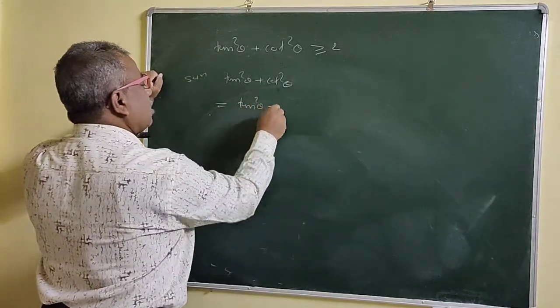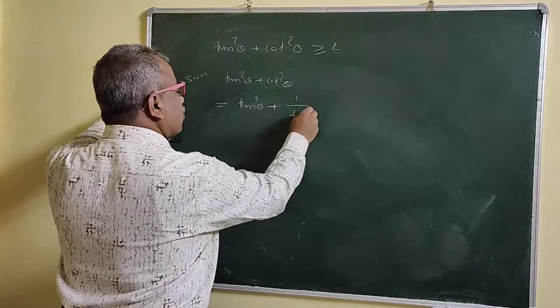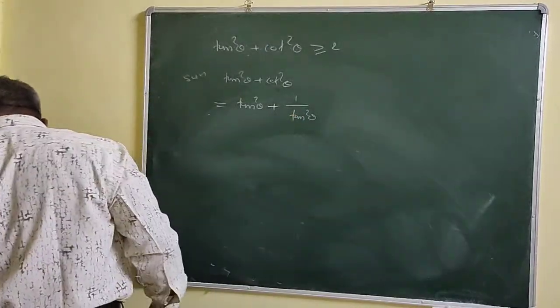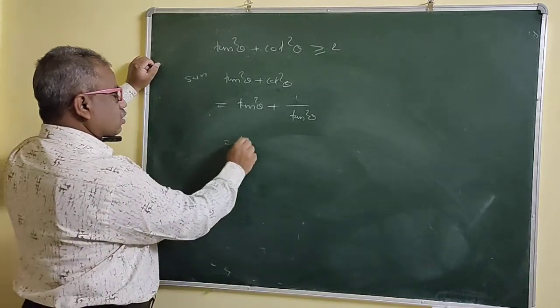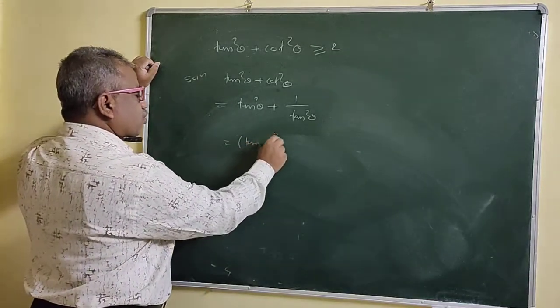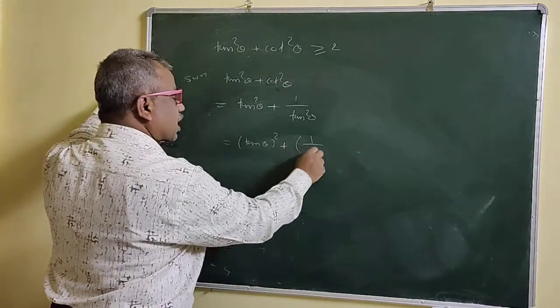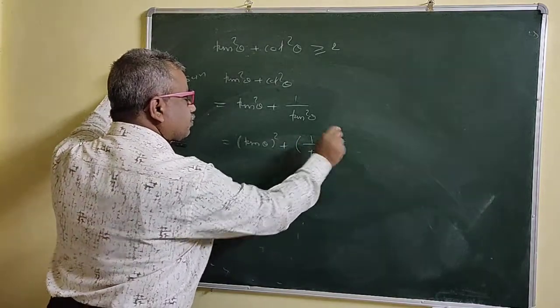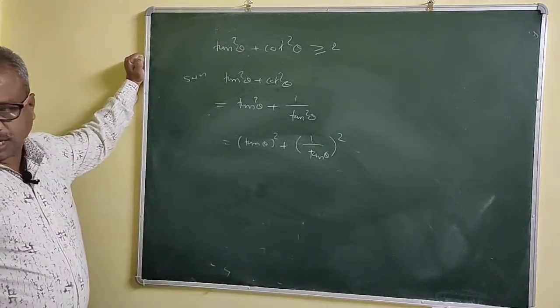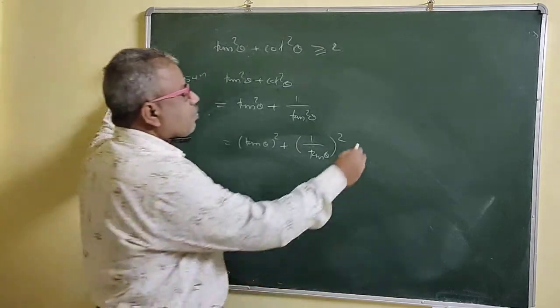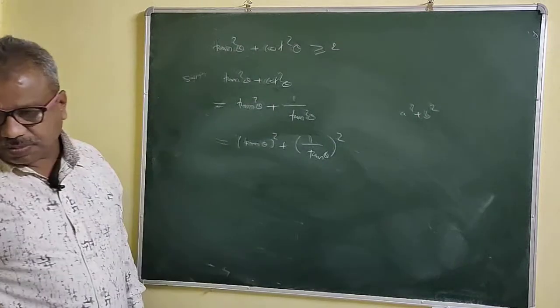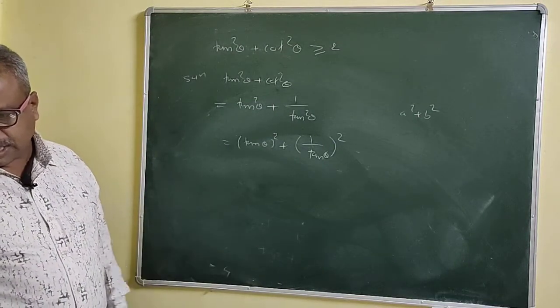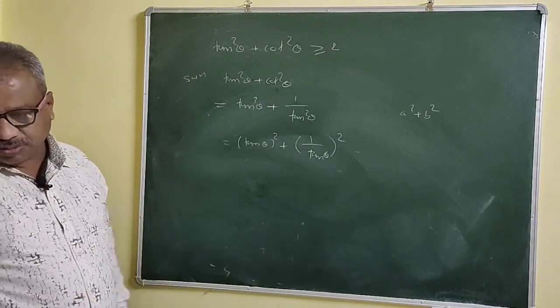So tan square theta plus 1 upon tan square theta, which is the same as tan theta whole square plus 1 upon tan theta whole square. So this is of the form a square plus b square. The middle term is not there, so you cannot write it as the square of something.